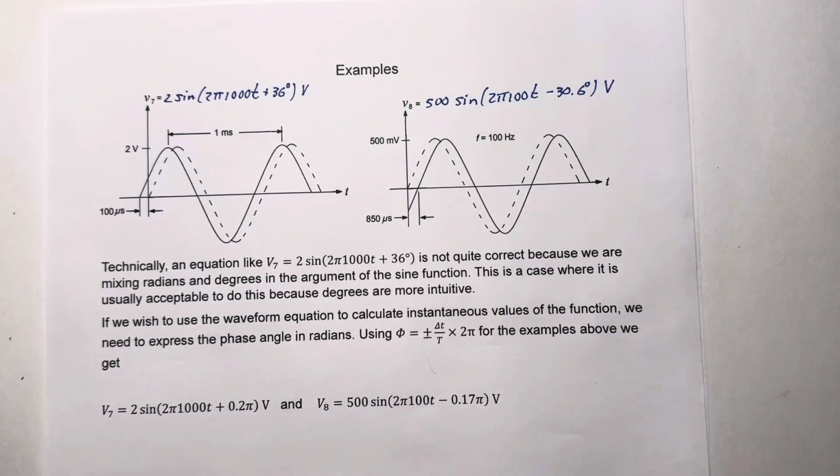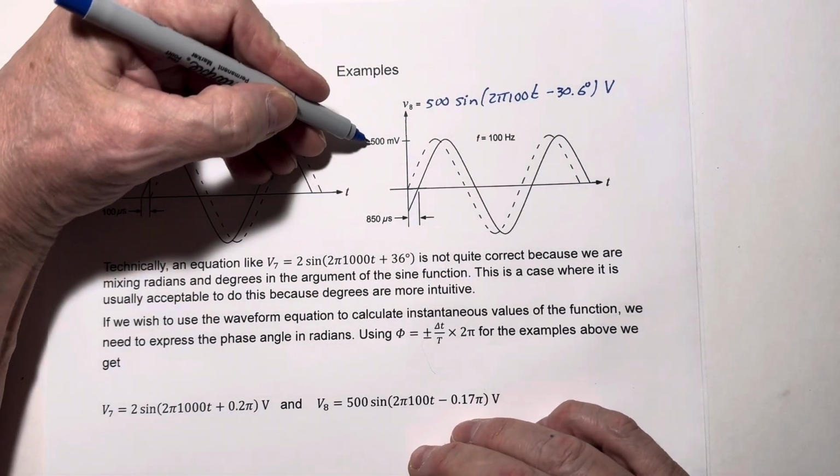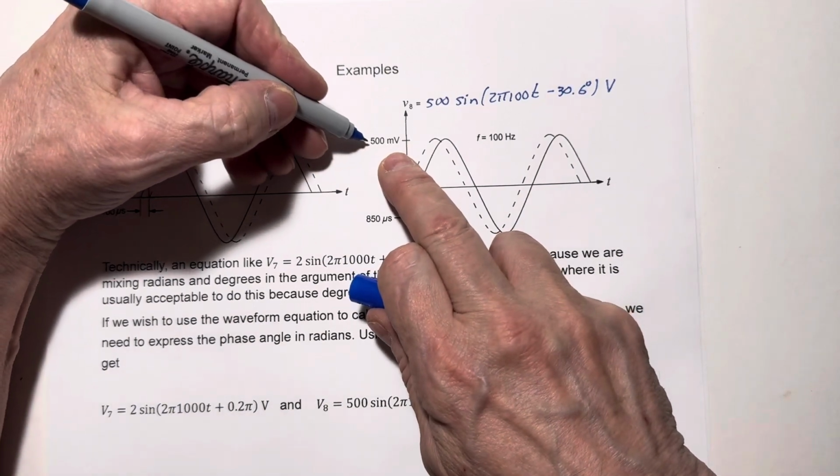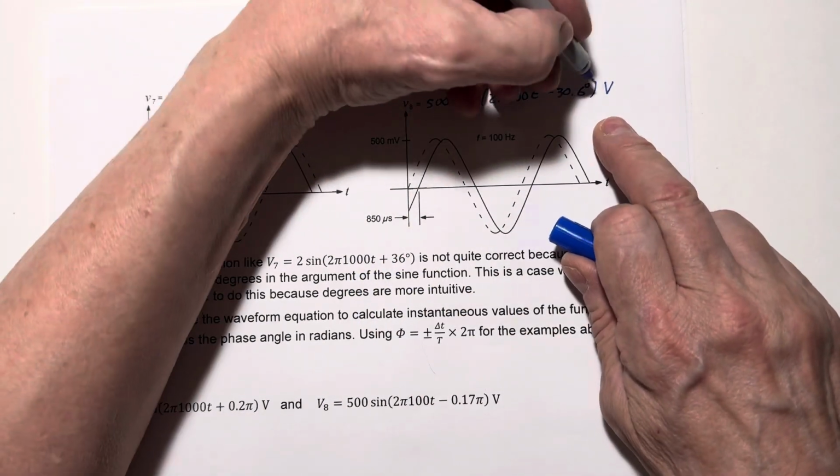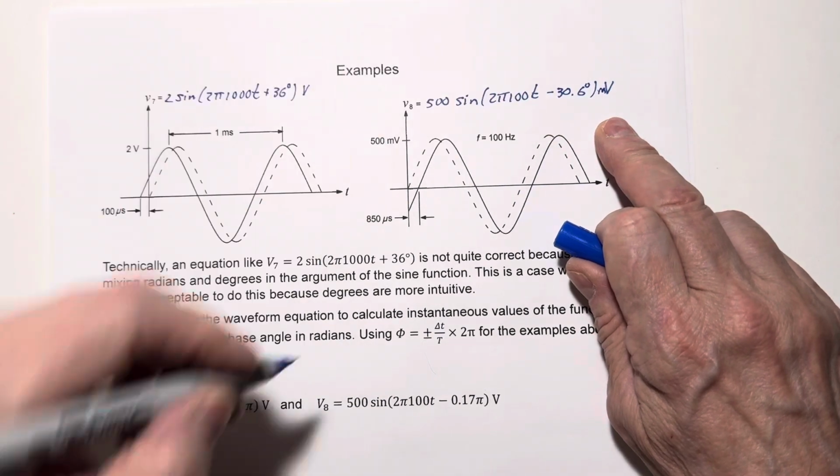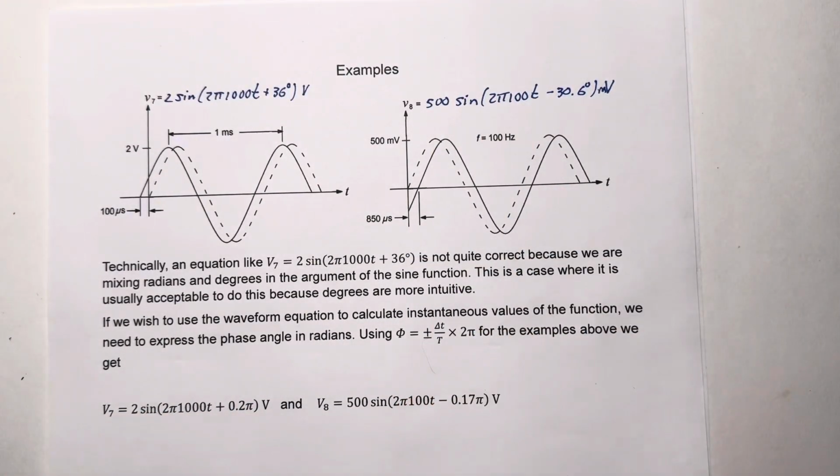Likewise here, and because this waveform has a peak amplitude of 500 millivolts, I should have a little m here to fix that, as the cat was complaining about in the previous video.